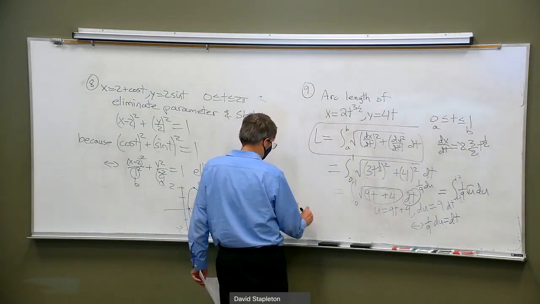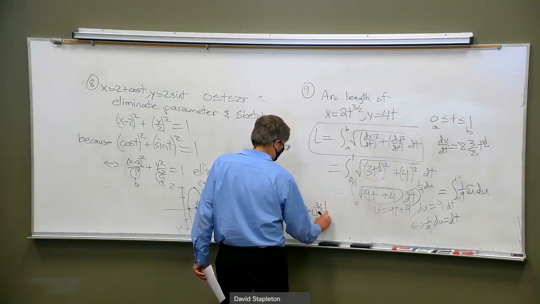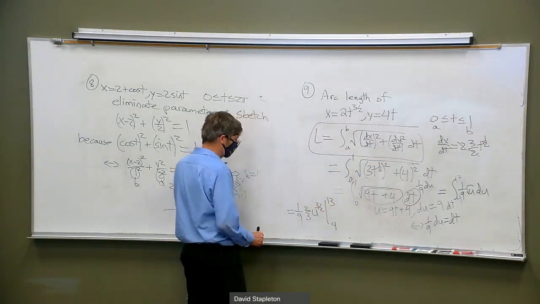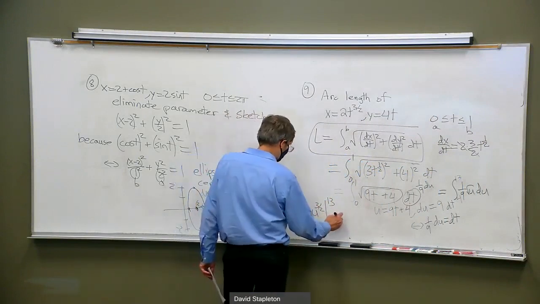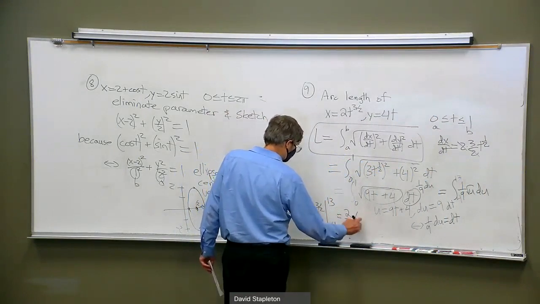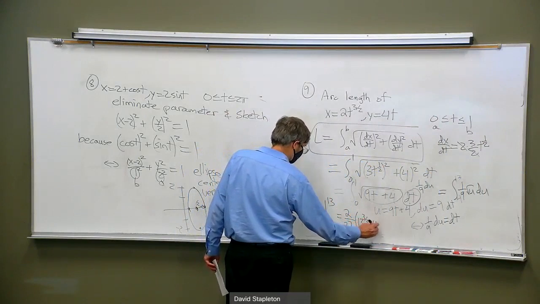Integral of u to the 1/2 is u to the 3/2 over 3/2, or 2/3 u to the 3/2. Then I need to plug in 4 and 13 and take the difference. So I have 2/27 times (13 to the 3/2 minus 4 to the 3/2).